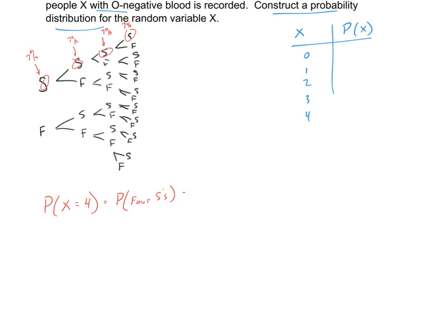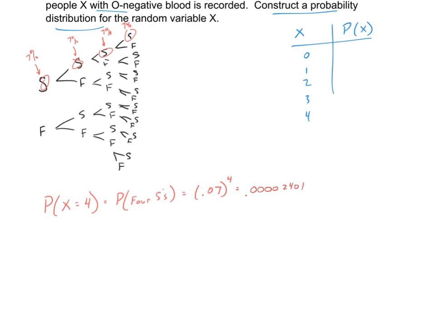Okay, so what we do is we take that 7%, or 0.07 in decimal form, and we raise it to the 4th power, multiply it by itself 4 times. That is the probability that all 4 people in the group have O negative. So I'm typing 0.07 to the 4th power into my calculator, and my calculator tells me that it's an itty bitty number, decimal point, 4 zeros, and then 2401.